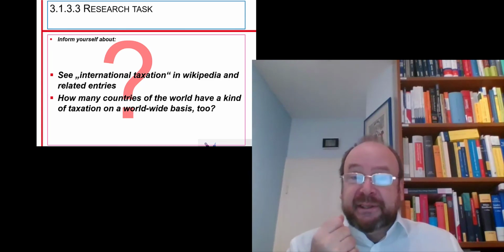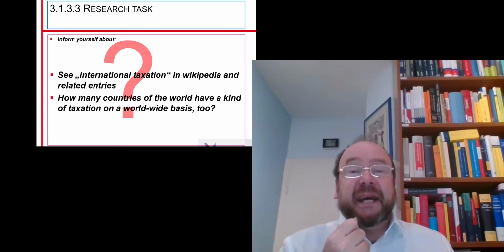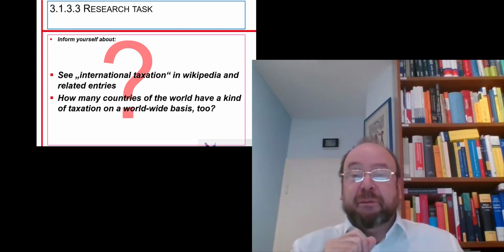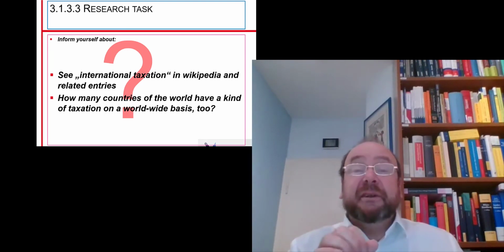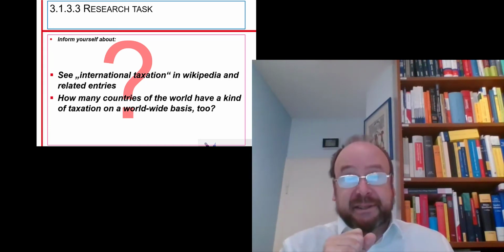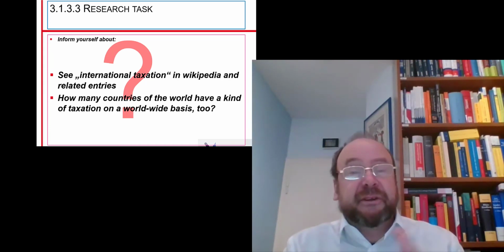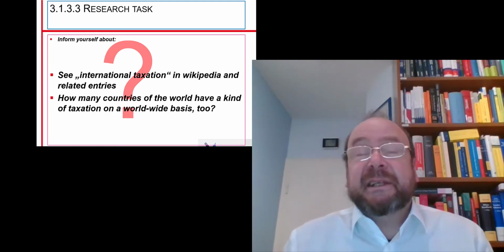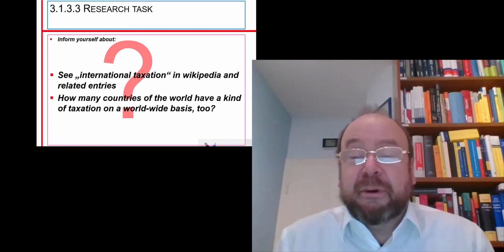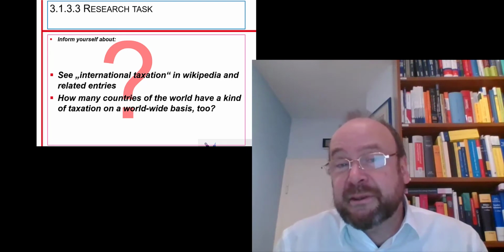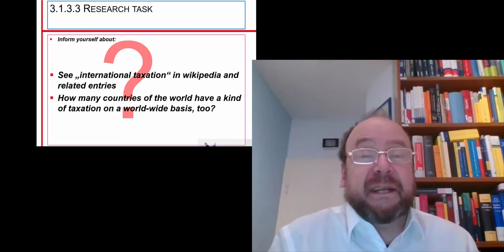I once found an overview of the tax systems of the world. That was somewhere in the English Wikipedia, and they listed 207 territories on the earth with an independent tax system. That was probably not complete, but with the English version of Wikipedia, many people from many states probably contributed, and if somebody saw that his state or territory was missing, they will probably add it to the list.